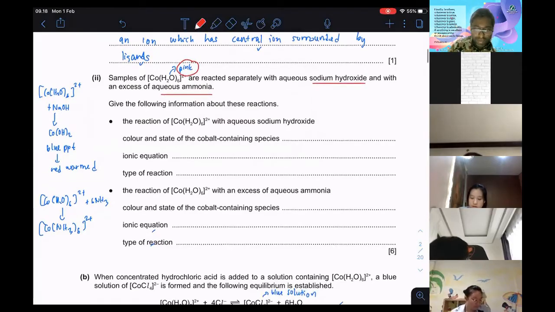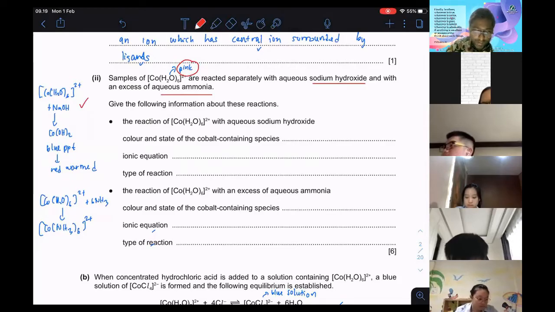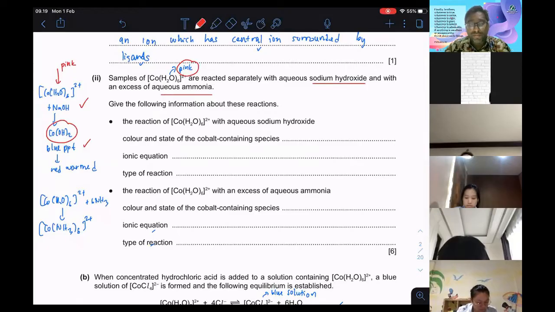If you react with sodium hydroxide, you are going to get cobalt hydroxide. Cobalt hydroxide is a blue precipitate, and when you warm it with excess sodium hydroxide, it will change into red. I'll just leave it over here as extra notes for you.